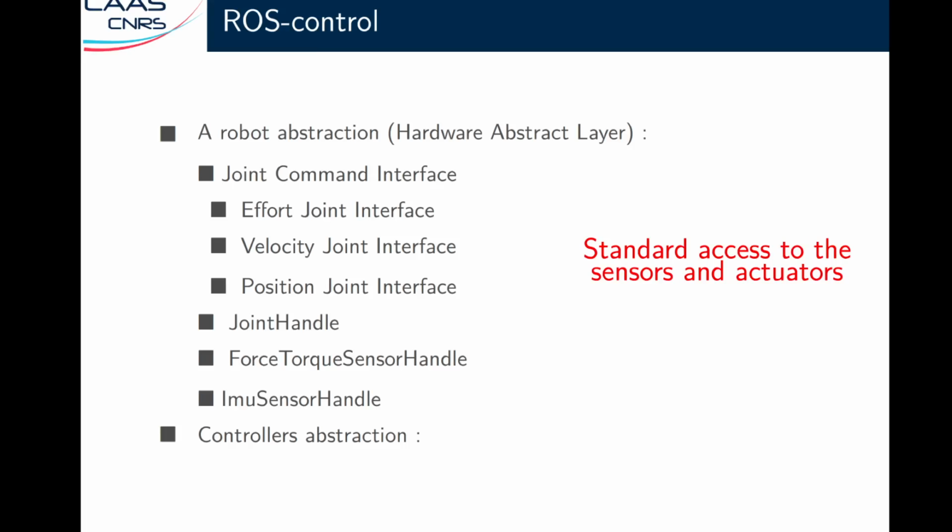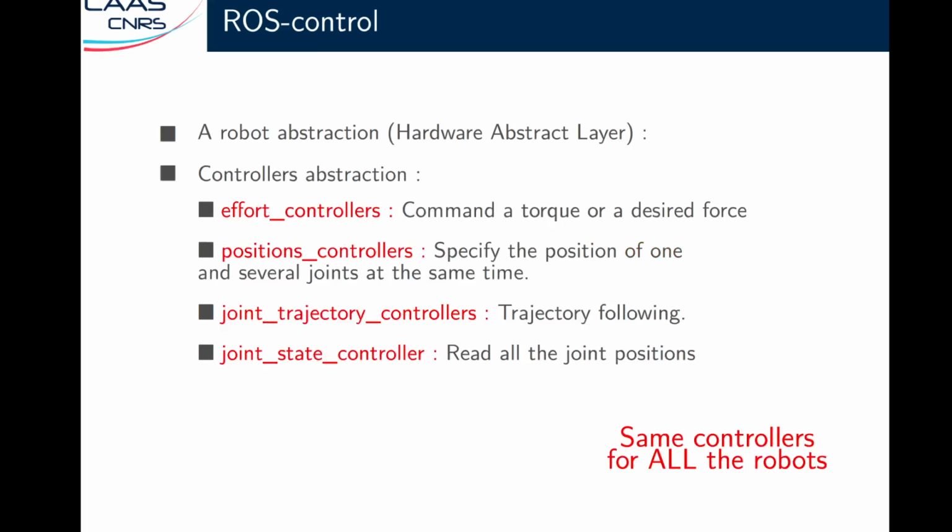Now you also have a controller abstraction, and using this controller abstraction, several controllers are provided. What is interesting is that those controllers, you may already know them because they are used for a lot of robots. They can be changed through a configuration file.